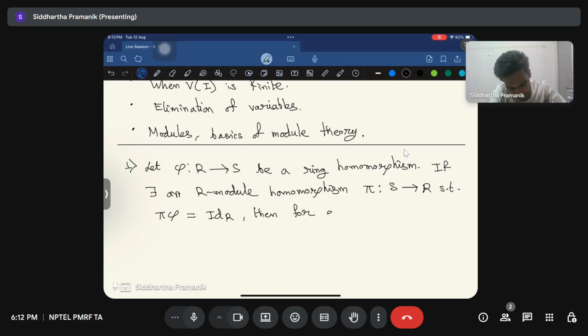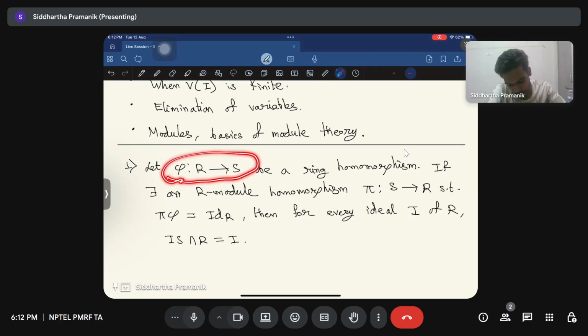for every ideal I of R, if you take the extension of I to S, and again contract it back to R, then it will be equal to I. So this is an arbitrary ring homomorphism.